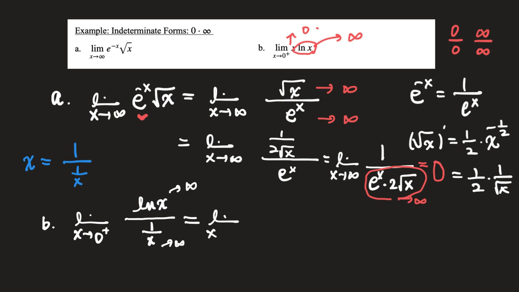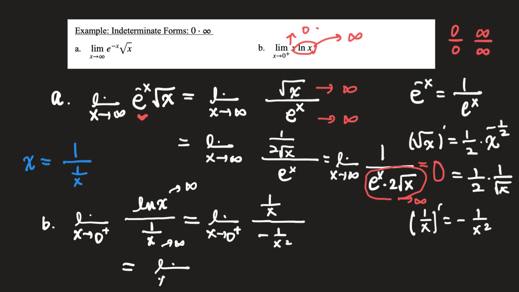So now x approaches 0 from the right. Find the derivative: the derivative of ln x is 1 over x. Everyone, what is the derivative of 1 over x? It's negative 1 over x squared. So what is the simplification of this limit? As x approaches 0 from the right, 1 over x times negative x squared over 1.